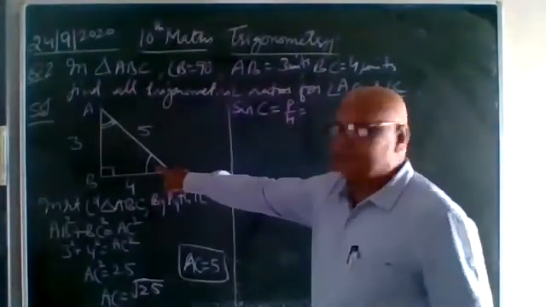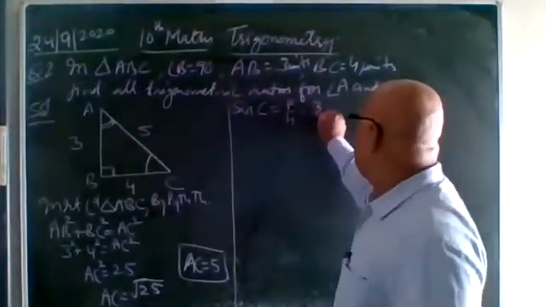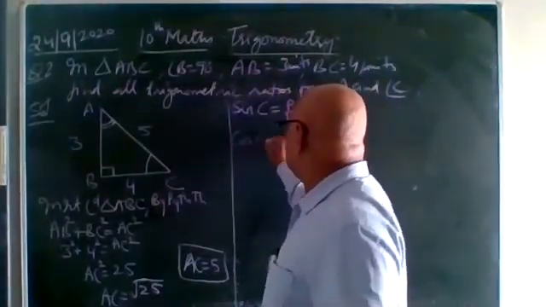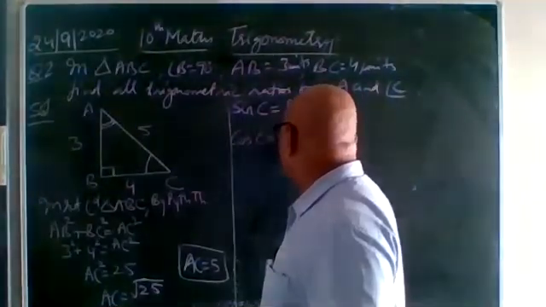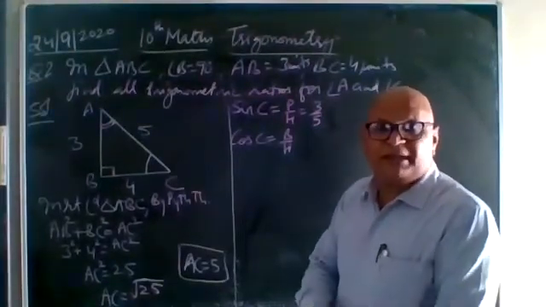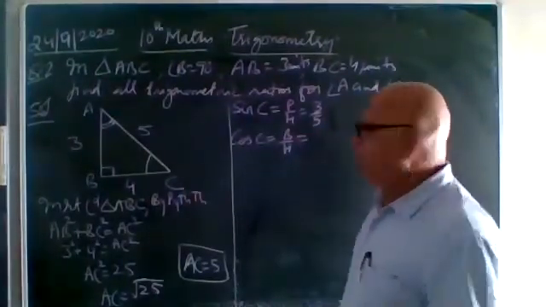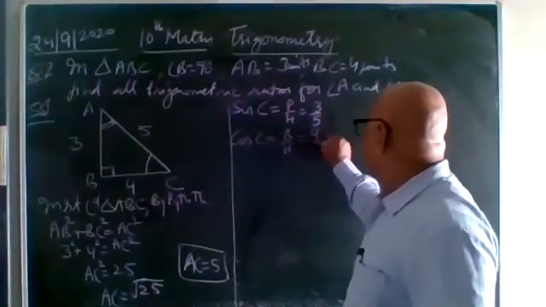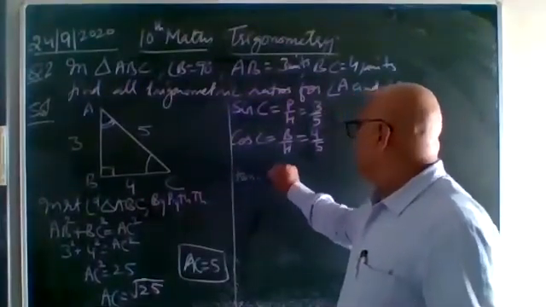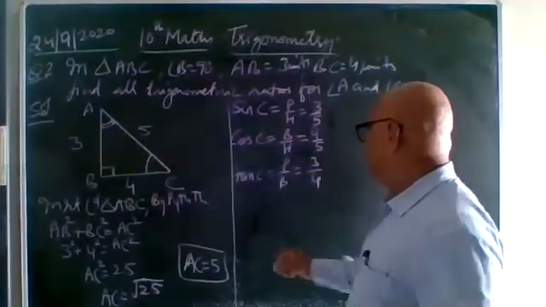Now when you are considering this angle, perpendicular is 3, hypotenuse is 5. So sine C is 3 upon 5. Now cos C is base upon hypotenuse, so base is 4 and hypotenuse is 5, that is 4 upon 5. Tan C is perpendicular upon base, that is 3 upon 4.